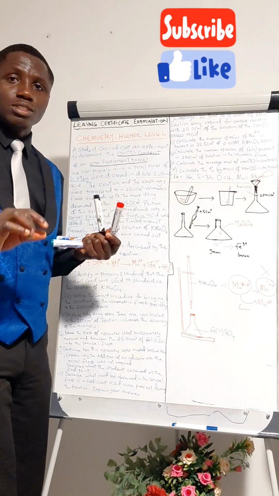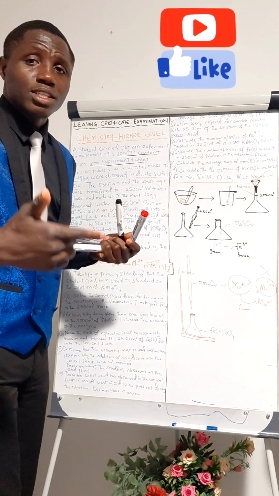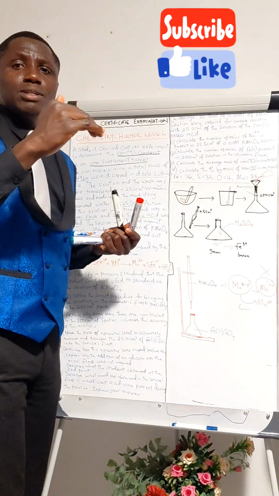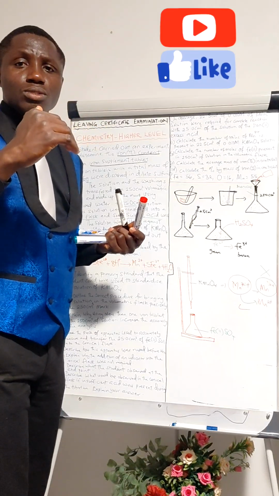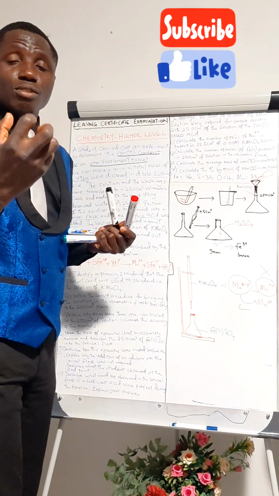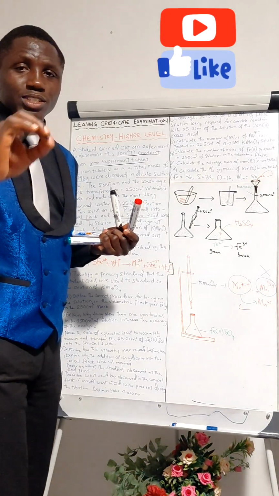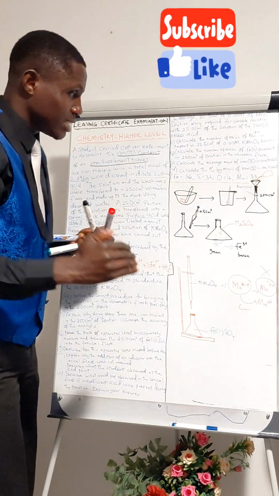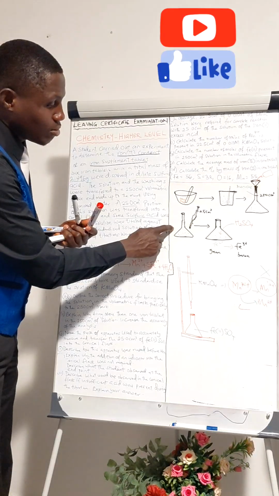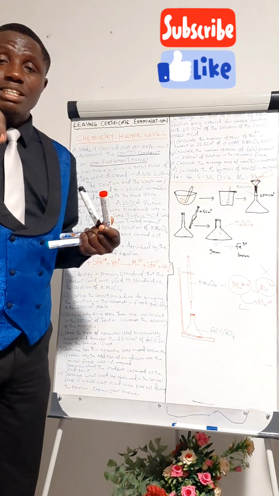So these are the things that you need to consider. Number one, you transfer the solution into the volumetric flask using the beaker and funnel. When it's about to get to the mark, you are advised to use the deionized water from the wash bottle and add the water carefully until it gets to eye level. After that, you must invert it to get an evenly distributed solution.